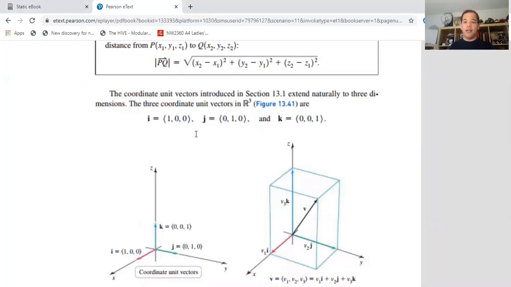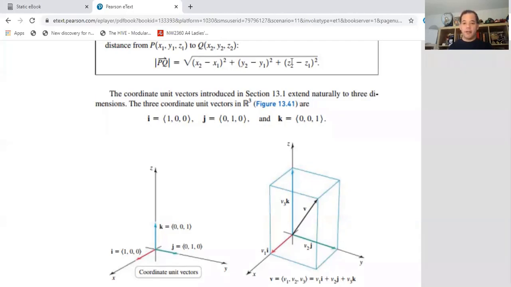And they go again in alphabetical order, i, j, and k. And they correspond, in the same order, to x, y, and z. So i is where the x is 1, and the other two coordinates are 0. j is where the y is 1, and the x and z coordinates are 0. And k is where z is 1, and the other coordinates are 0.